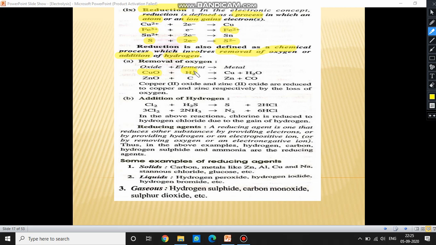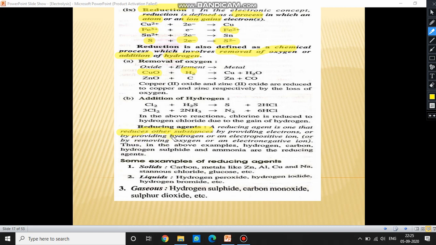Why? What's a reducing agent? Since I'll be using the term reducing agent, it's better we clarify first what a reducing agent is. A reducing agent is the one that reduces other substances. How does it reduce other substances?